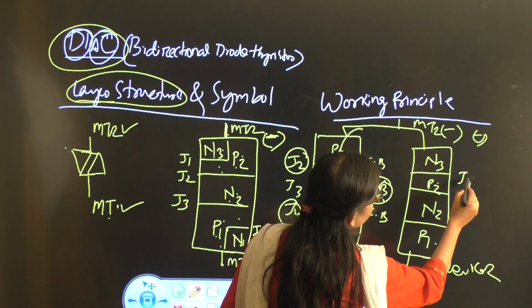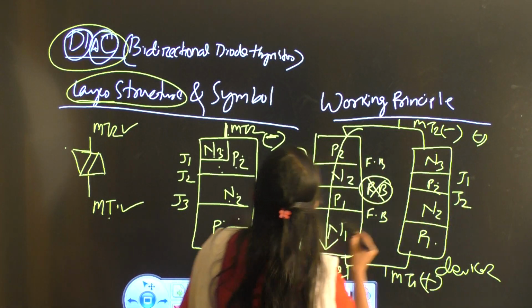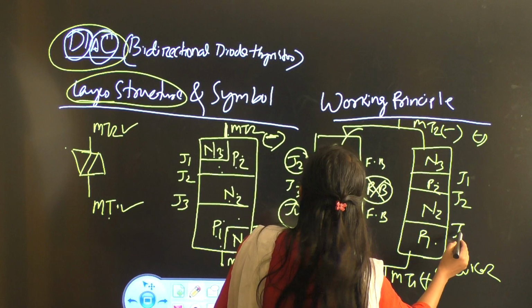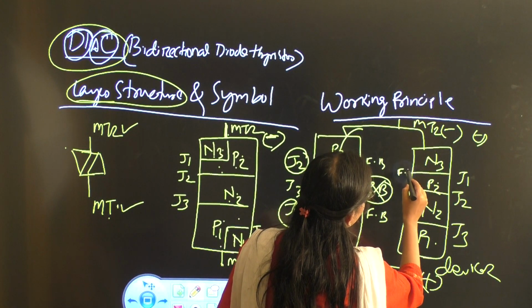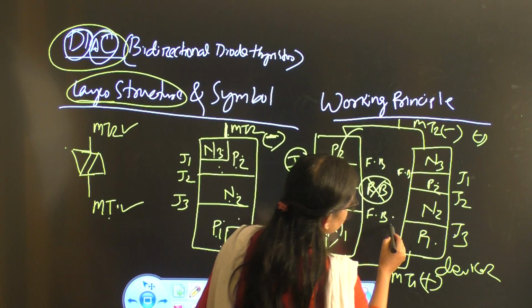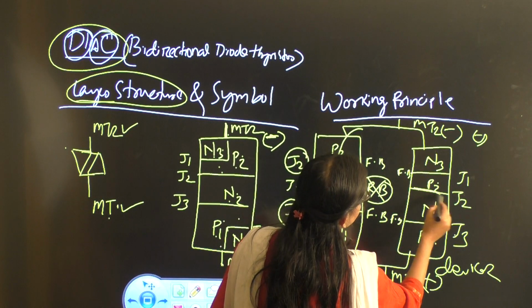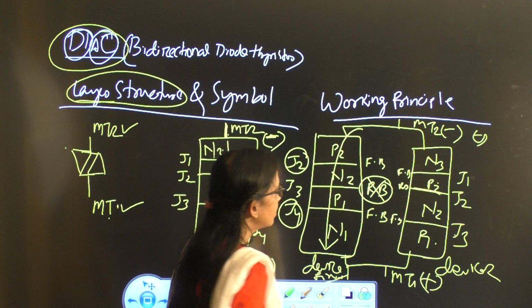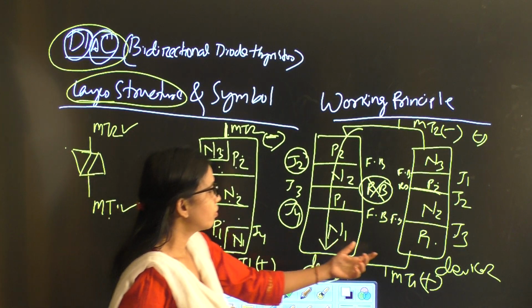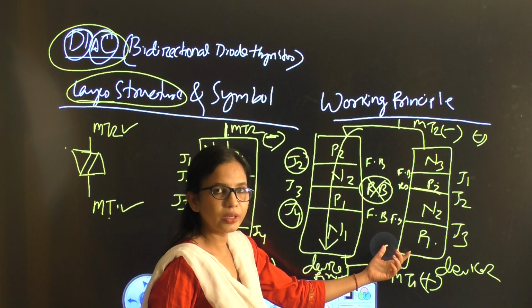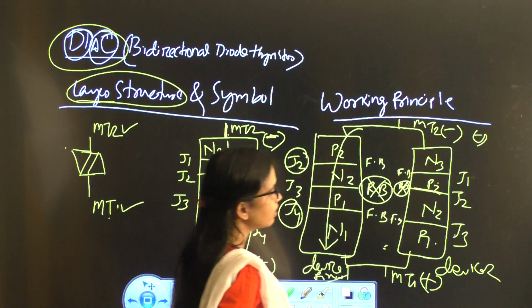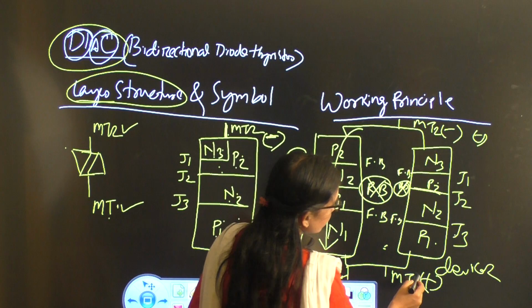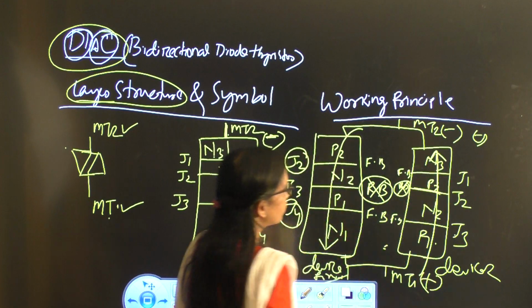Junction J1 and junction J3 become forward biased and the middle one becomes reverse biased. So when the forward voltage is beyond the breakover voltage, this reverse bias no longer exists and the current starts flowing from MT1 to MT2.